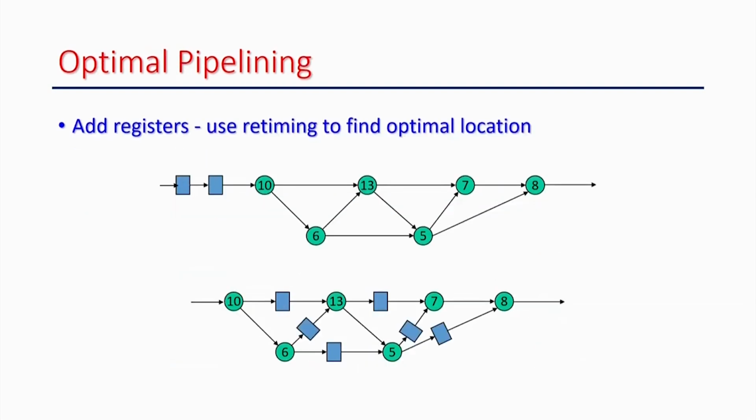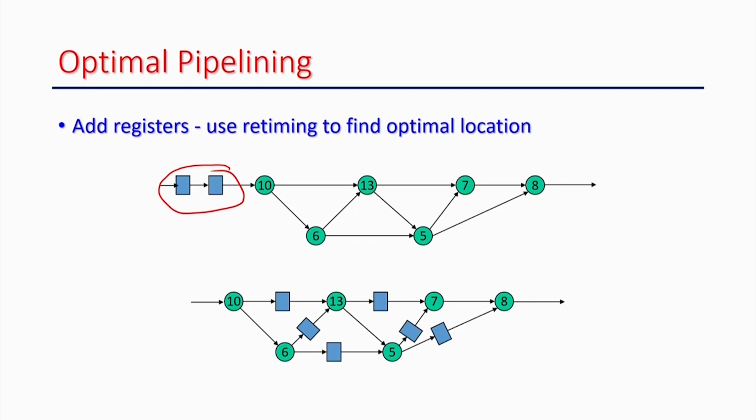Okay. So, again we can use register retiming to do optimal pipelining, something like this. You can place the registers at the input, and you never know where to place them, because this may be a very complex circuit. You don't know what the parallel paths are, and you can utilize retiming to do this.